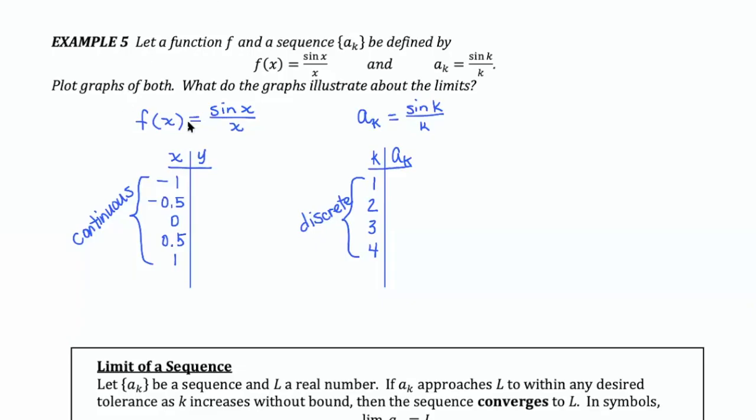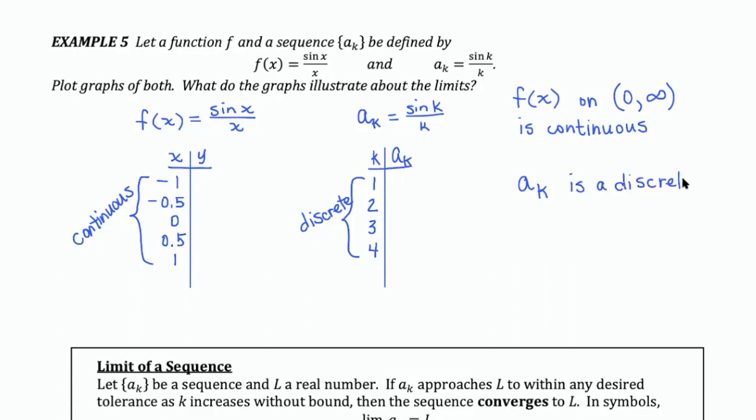So the important takeaways from the graphs of these are that f of x on the interval from 0 to infinity, and notice I did a round bracket here to not include 0 because I know there's a discontinuity there. On this interval, it is continuous, whereas a sub k is a discrete sample of f of x, meaning there's a limited number of points that are actually part of the sequence.